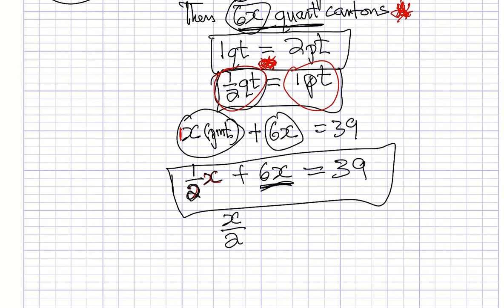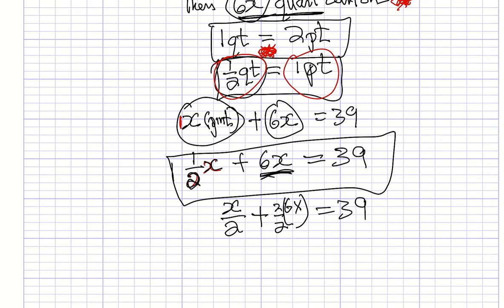To put this in the same denominator so we can easily combine, we'll say 6x times 2/2, and 2/2 is 1. So that gives you x/2 plus 12x/2 equals 39.